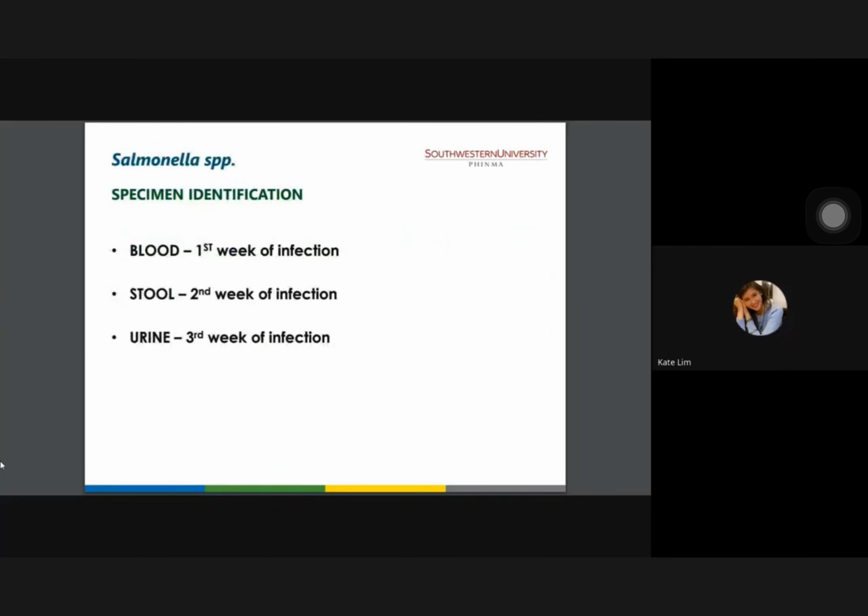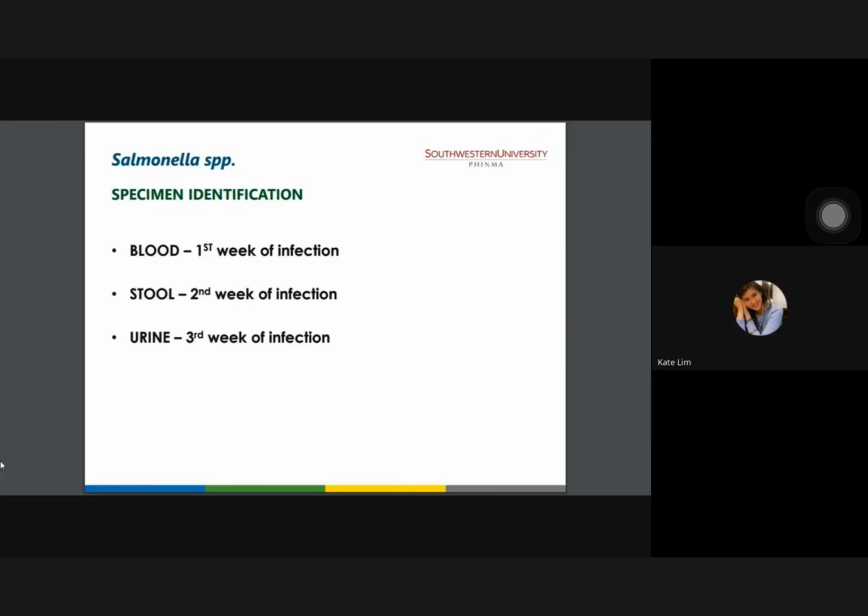So to diagnose Salmonella infections effectively, we collect different specimens at various stages of the infection. So here's how it typically works. For the first week of infection, that would be the blood specimen. So why is it the blood? Blood is the primary specimen collected during these early stages of infection because Salmonella bacteria can be easily detected in the bloodstream.